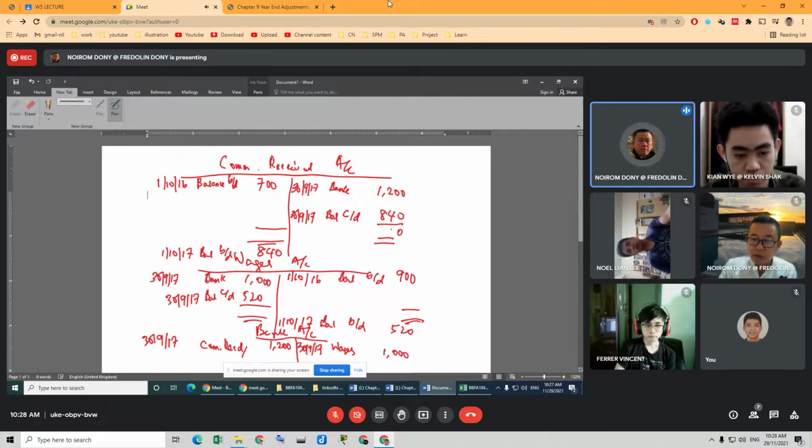That is 2,040, isn't it? So you use the total credit 2,040 as the total for both sides. And in order to make the total debit 2,040, we have a balancing figure.